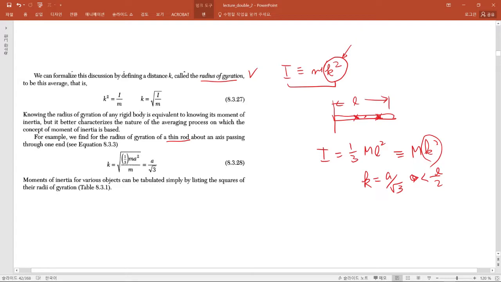So the radius of gyration tells you that all this effect can be summarized as located at that radius.